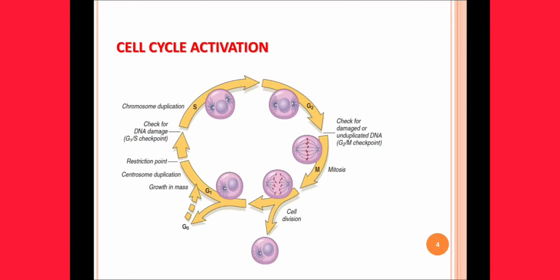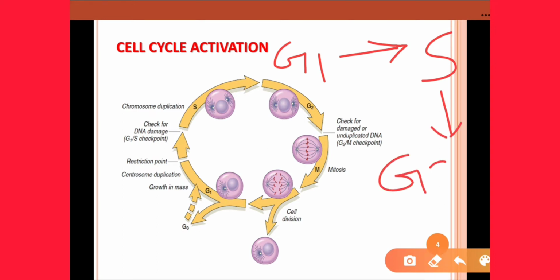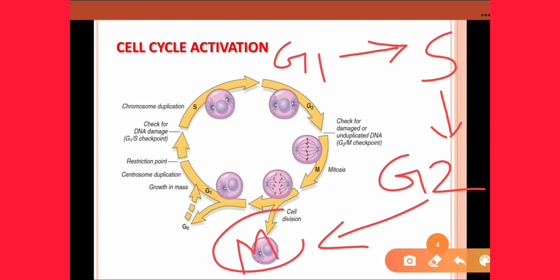Okay, now we will see how the particular cell cycle activation will happen. So guys, you are very well familiar that a cell will undergo cell cycle movement from the G1 phase to M stage, right? G1 is the pre-synthetic phase, then the cell will enter into the synthetic phase, then it will enter into the post-synthetic phase, and finally it will undergo mitosis.